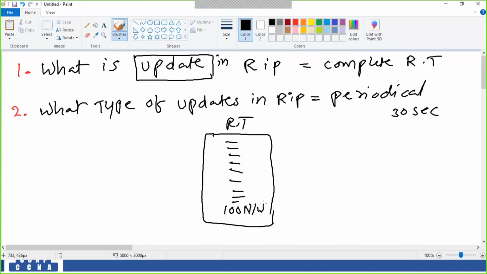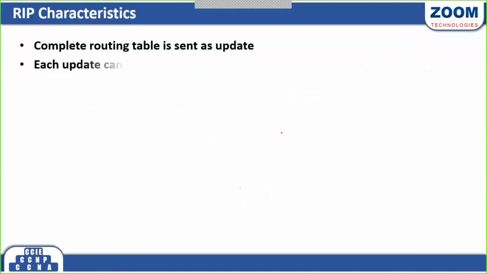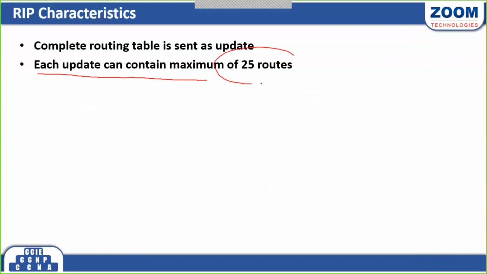Does it have to send 100 networks or only a few networks as an update? RIP sends what? The complete routing table, right? Total 100 networks. But the thing is, each update can contain a maximum of how many routes? 25. Maximum 25 only.